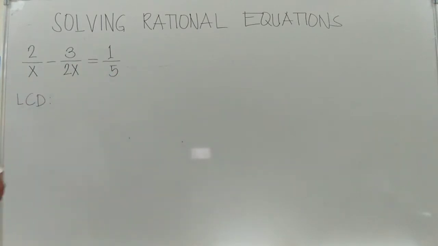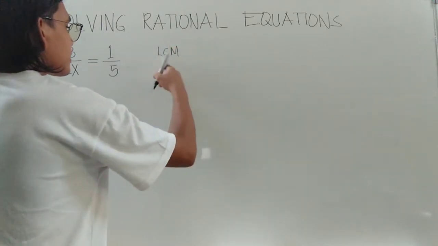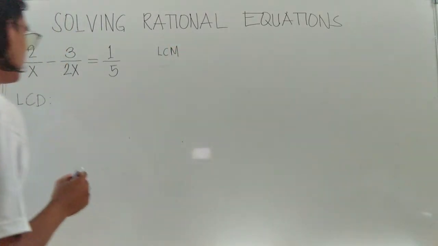Looking at our rational equation, a rational equation is always in fractional form. When it comes to fractions, the LCD comes from the LCM, or the least common multiple.